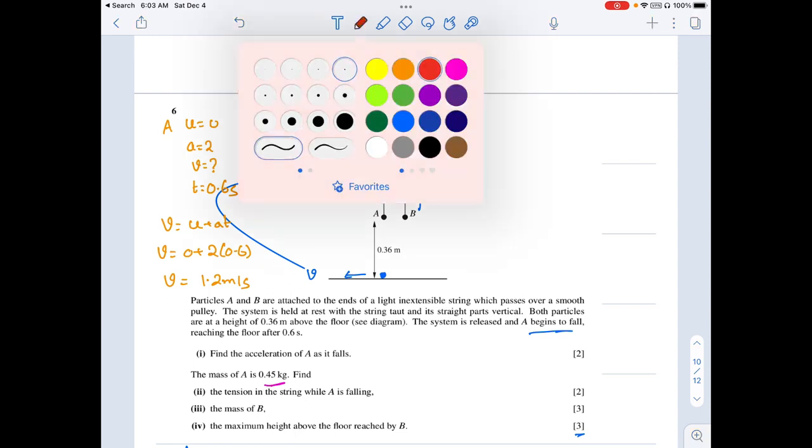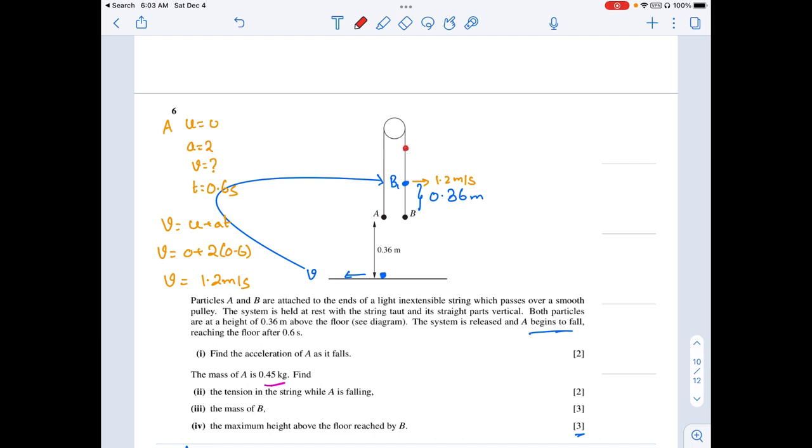Because of inertia, B may not stop over here. It may go up to here and stop without reaching the pulley. This position is B2. We need to know how much is that distance it goes up over here, s. So for B, initial velocity was 1.2, final velocity is 0, and acceleration is due to gravity, because it is going freely, A is not pulling it anymore, so it will be minus 10 meters per second square.